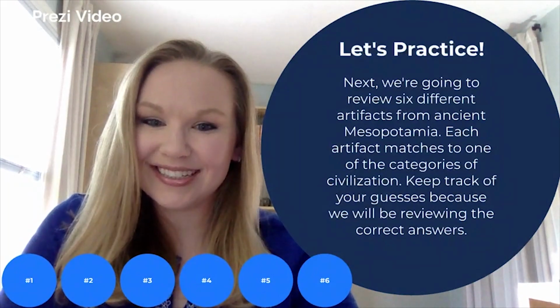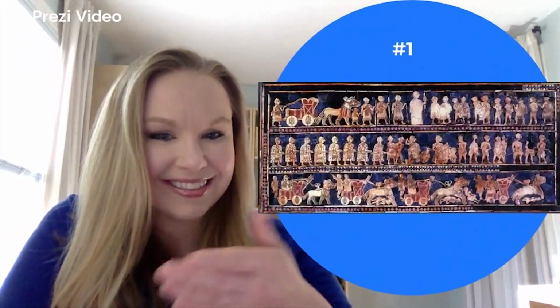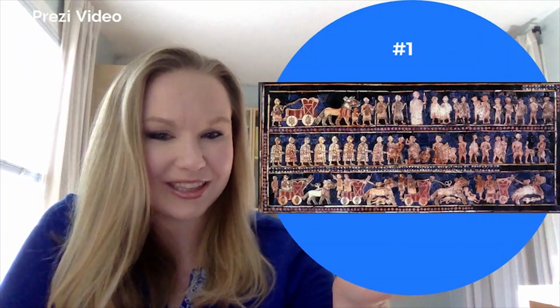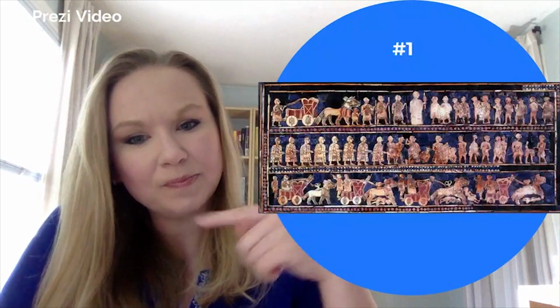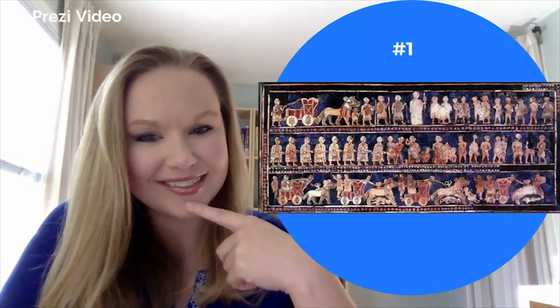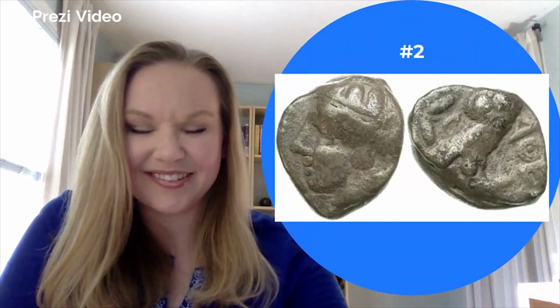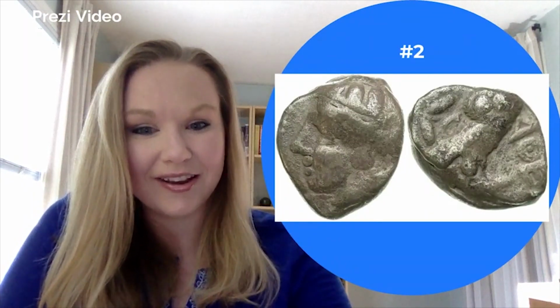All right, let's practice. Number 1 is this. Looks like a picture, 3 different levels. What do you think it is? Number 2, these 2 things. What do you think they are?